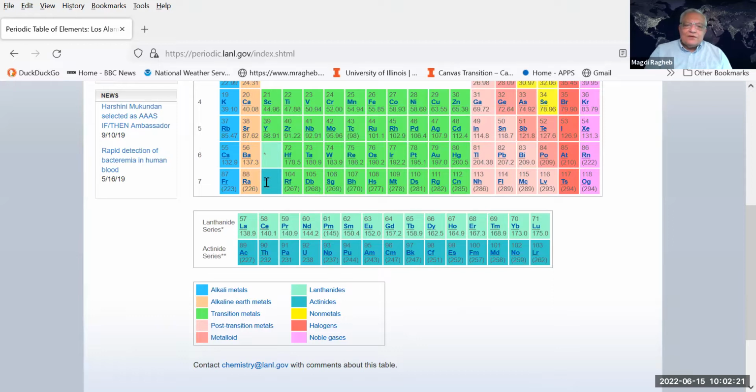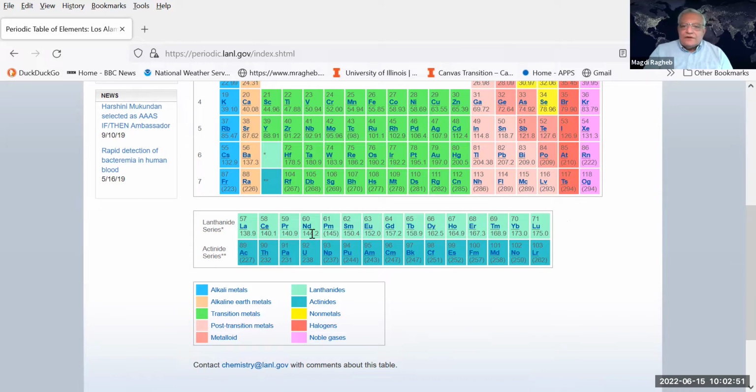The second one also is a whole set of elements that we call the actinide series, because it starts with the element actinium. The Lanthanide series is also described as the rare earth elements. It contains elements like lanthanum, cerium, promethium, neodymium, and so on. And these are the elements that are needed in our new technology of implementing renewable sources of energy.